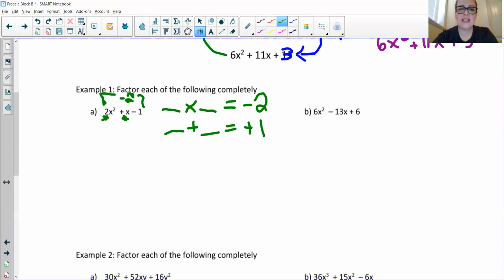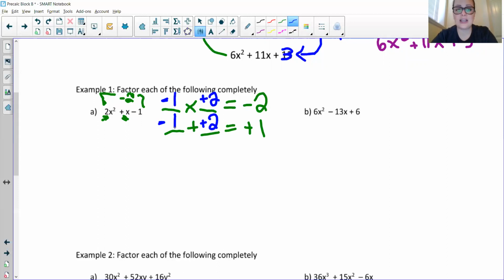Because the product is a negative, that means one of them is going to be negative and the other is going to be positive because they have a negative product. And when they add to a positive number, it means the larger of the 2 is going to be the positive number. So 2, the number 2, regardless of its sign, only has 2 factors, 2 and 1. So the 2 in that case has to be the positive 1. And 1 has to be the -1.